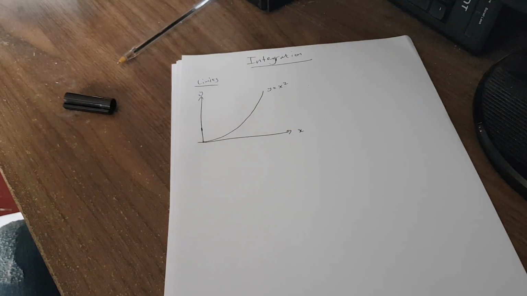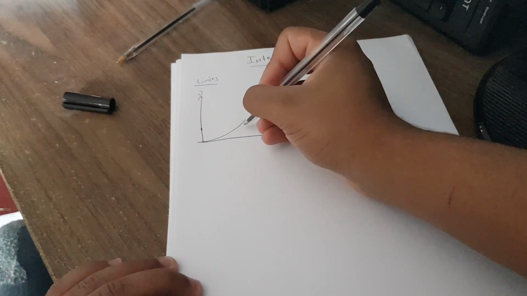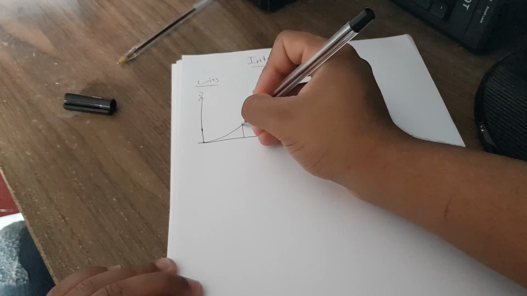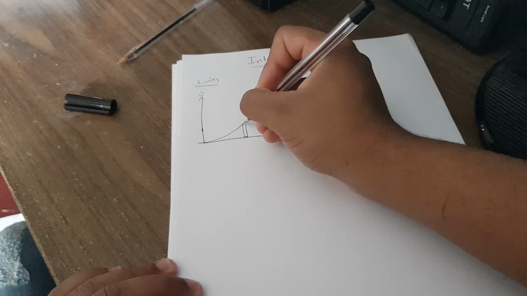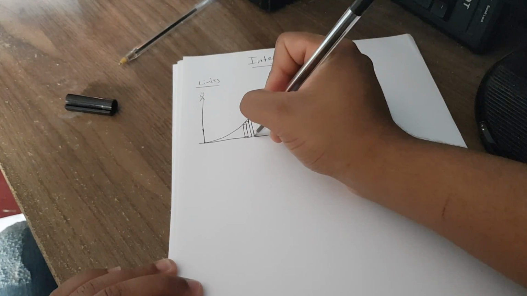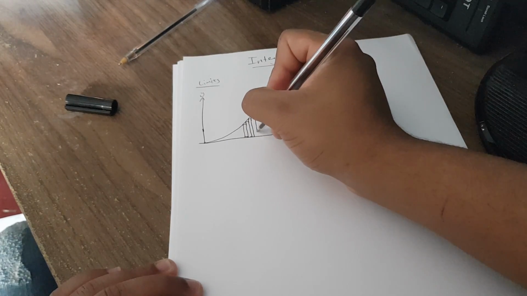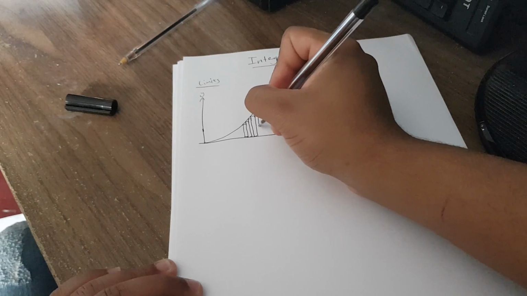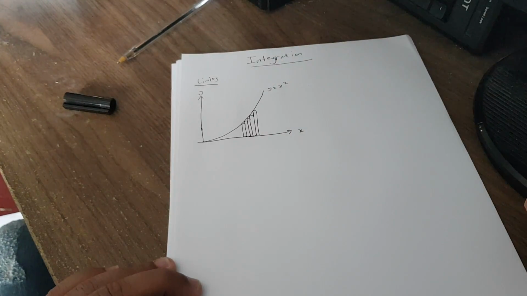Okay, so in general, how are we going to find the area underneath the curve of y equals x squared? Well, let me show you an example. What we're going to draw is rectangles. I'm just going to draw 5 rectangles so it's easier.